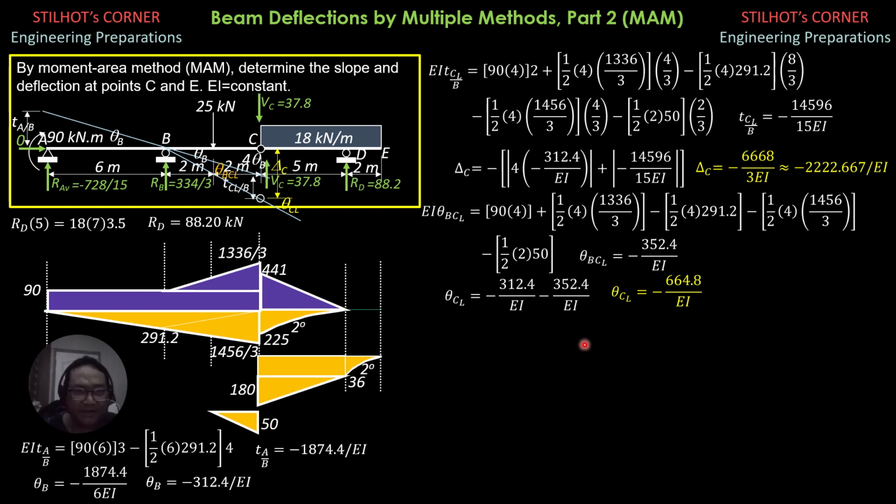Then let's compute the deviation of C right relative to the tangent at D. I will not show the tangent line yet. Let's determine the sign.